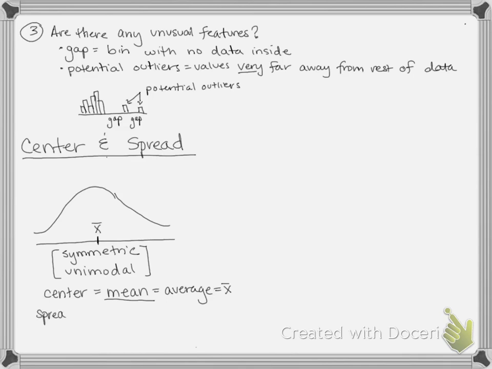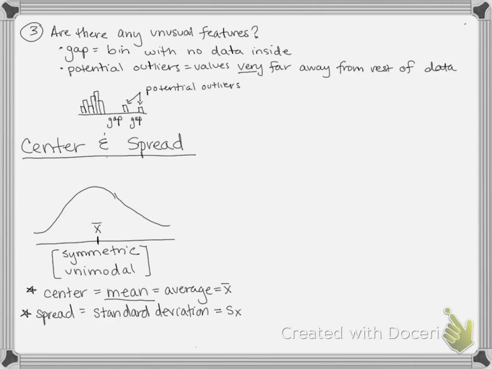Without going too far into it, because I will go further into it in chapter 5, the spread here is called the standard deviation, which is literally telling me how far the scores deviate or are away from the middle of the data. So if we have unimodal and symmetric data, then we would describe it using the mean and the standard deviation.